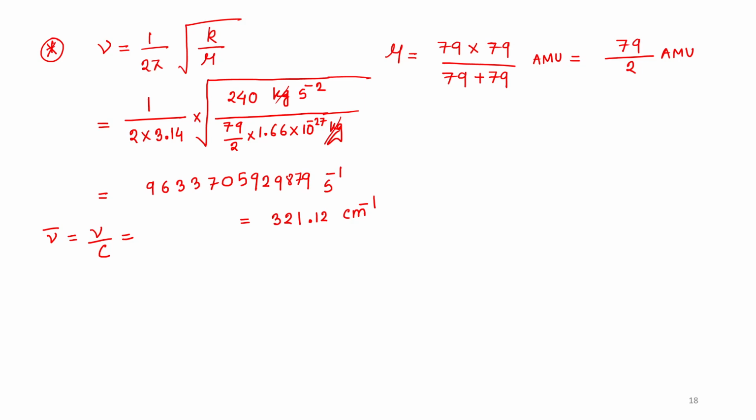I'm just worrying whether the value we have obtained, 321, or the previous value is correct or not, so I'll do the calculation once more so that we are not making any mistake. So 1 by 2 pi into root over 240 divided by mu.